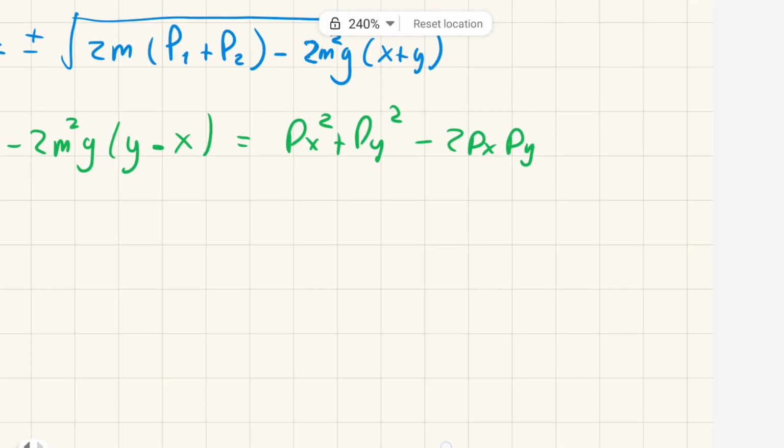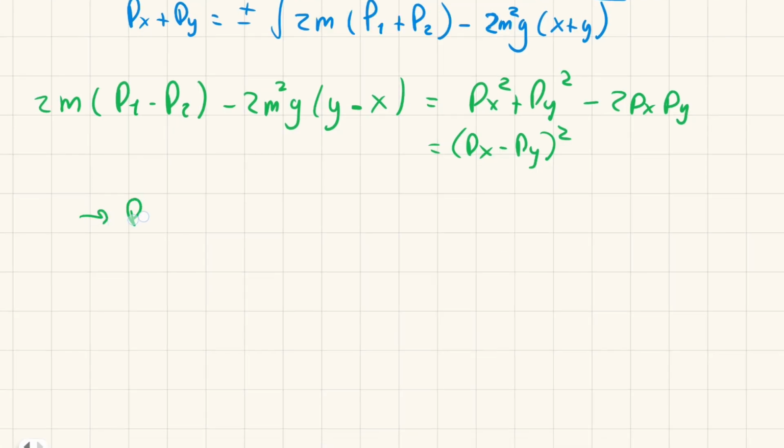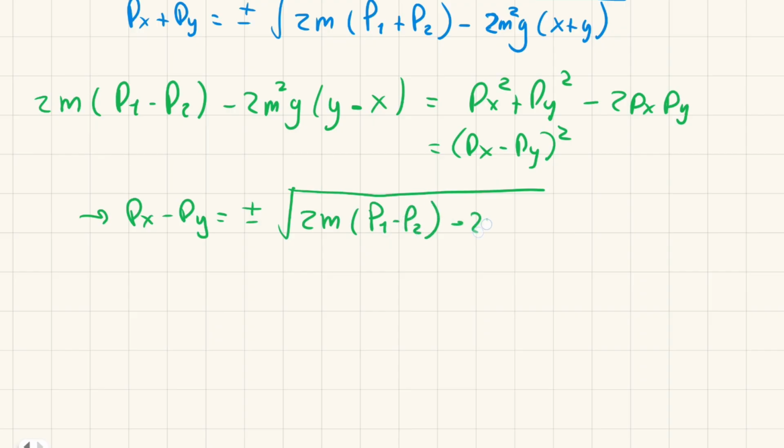Okay, so again, we are going to factor this, px minus py squared, right? It's not very hard to notice that. And then px minus py is going to be plus or minus the square root of 2m p1 minus p2 minus 2m squared g times y minus x.